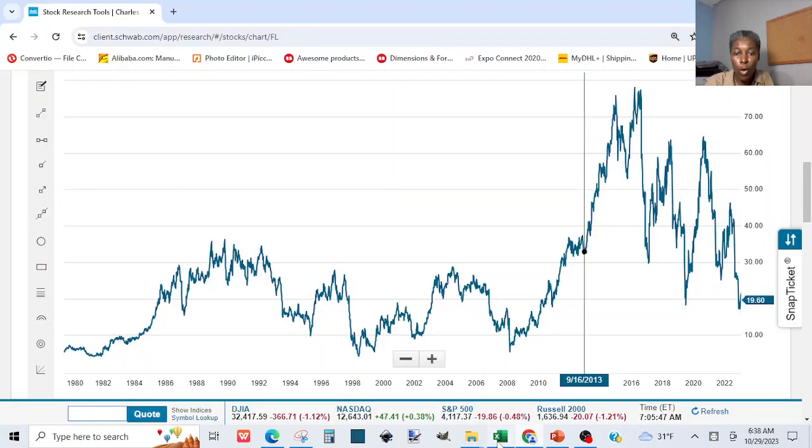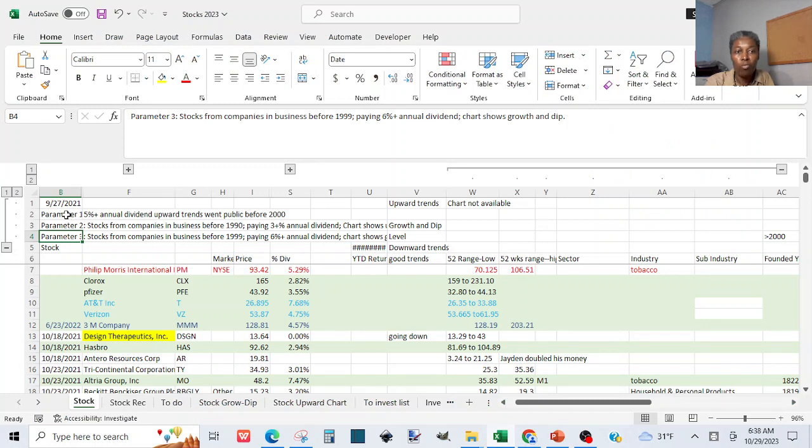While for upward, I was okay to work down to 3% for upward ones, because a lot of upward companies, very few will pay 6% and up.